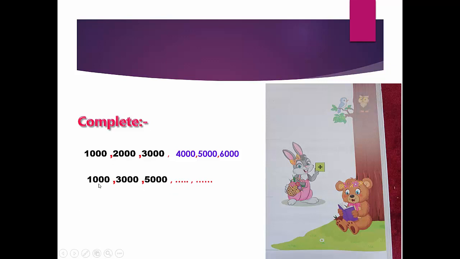Write 1,000 and drop 2. Write 3,000 and drop 4. Write 5,000 and drop 6. Write 7 and drop 8. Write 9. Do you remember the pattern 1, 3, 5, 7, 9? It's like odd numbers.